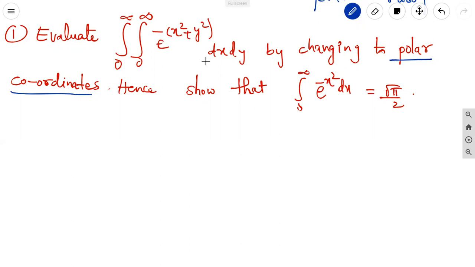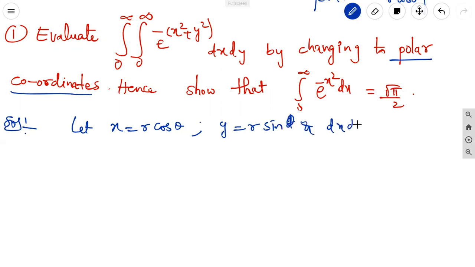Here the Cartesian form can be changed into polar form, so we take x equal to r cos theta, y equal to r sin theta, and dx dy is equal to r dr d theta.